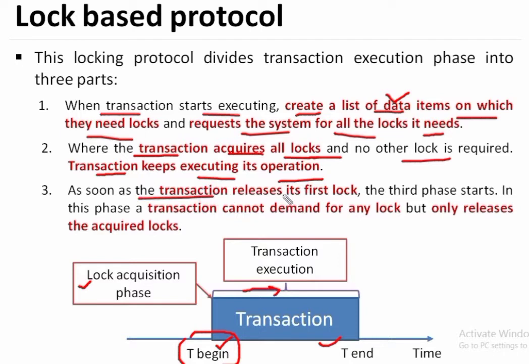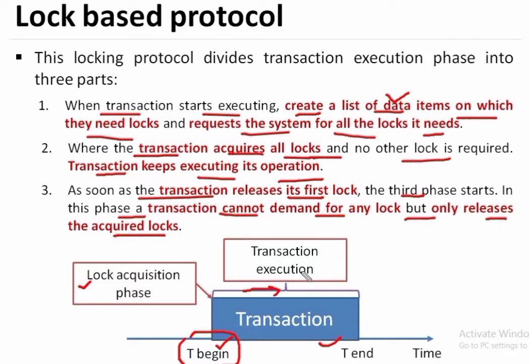As soon as the transaction releases its first lock, the third phase starts. Suppose here it requires 3 data items, and after the completion of the work, one by one it starts to release those locks. After the third phase starts, in this phase a transaction cannot demand any other lock but only release the acquired locks.